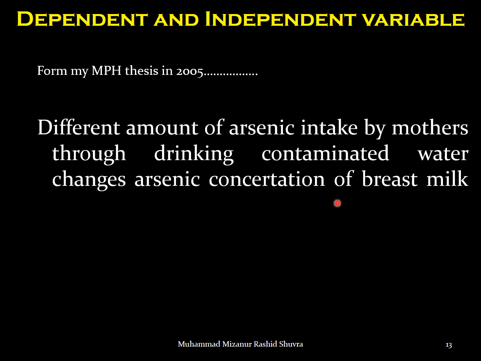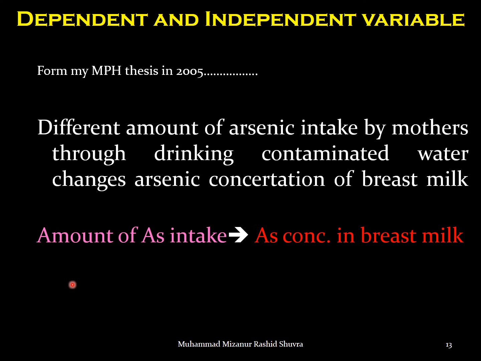So these were lactating mothers breastfeeding their children, and I had a curiosity to see, if they're drinking arsenic contaminated water, do their babies get arsenic through breast milk, because those exclusively breastfed children were not taking water from any other source. But if the breast milk had arsenic in it, then that could be a problem, right?